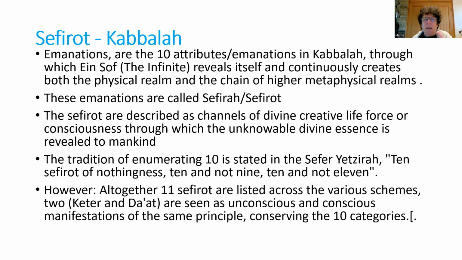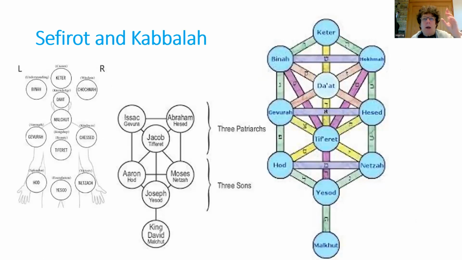The Keter and the Da'at are seen as sort of manifestations of the same principles of whether it's conscious or unconscious. And the traditional drawing of these Sephirah is in this sort of pattern. This is the crown, the top, and this is Da'at, this understanding, which holds together Chokhmah, which is wisdom, and Bina, which is knowing.